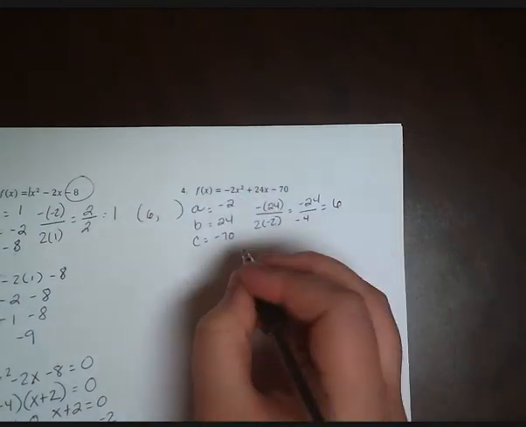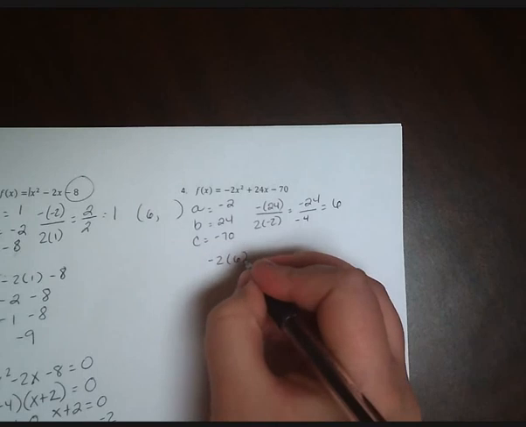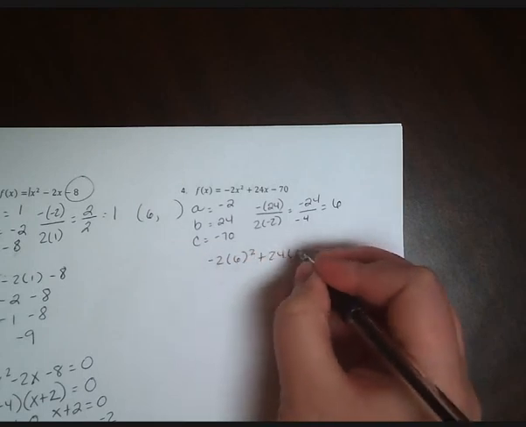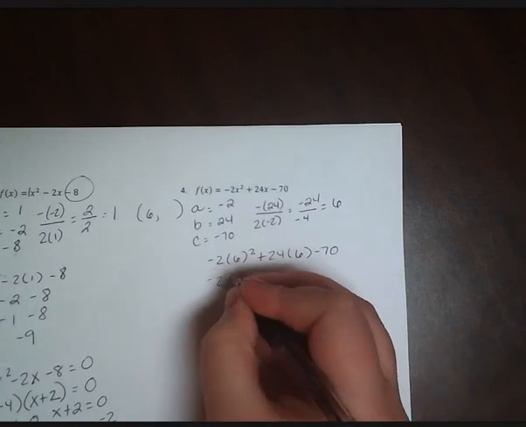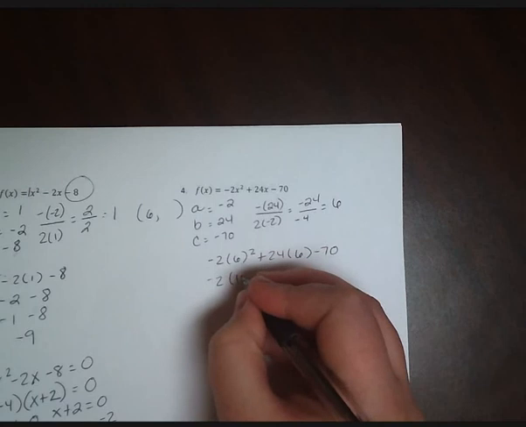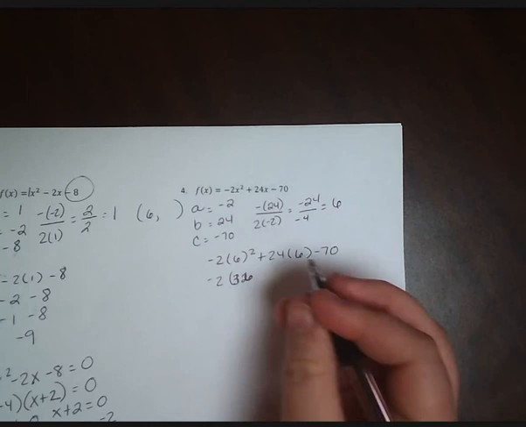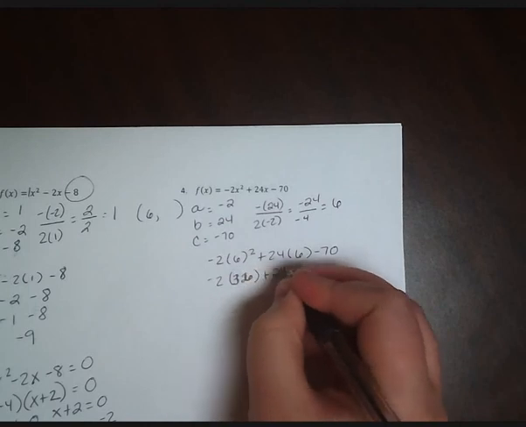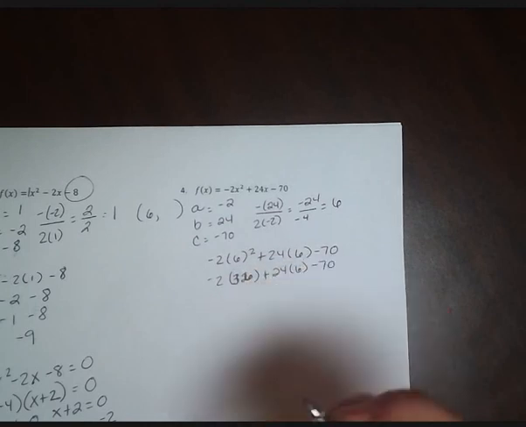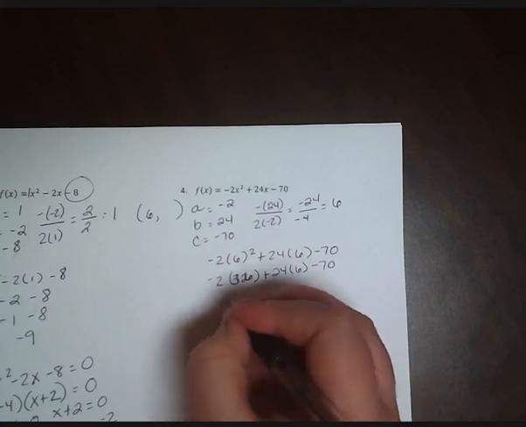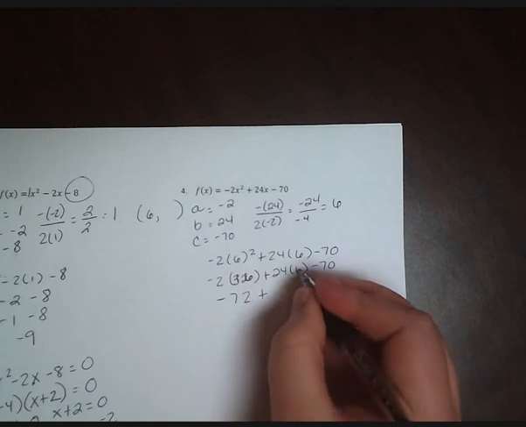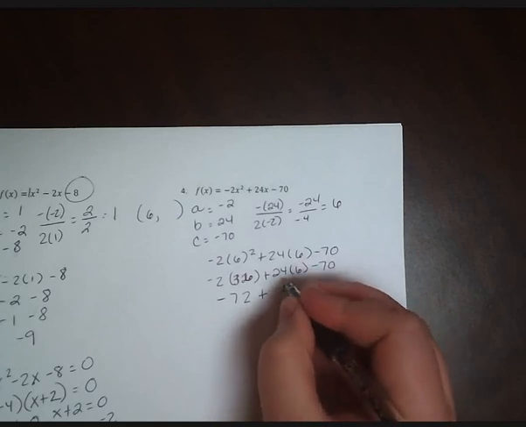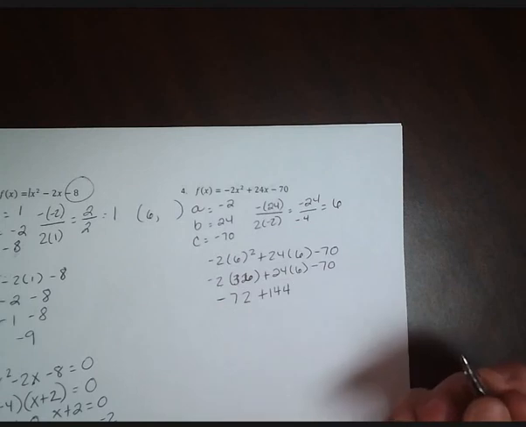And then we plug it back in to our original equation. So 6 squared is 36. And then negative 2 times 36 is negative 72. 24 times 6 is 144.